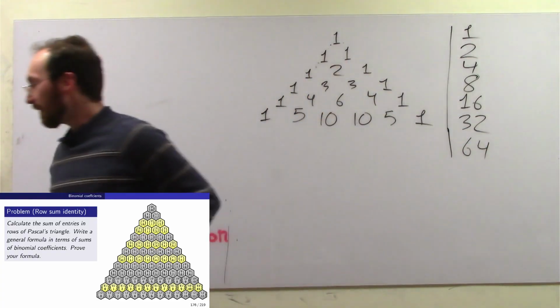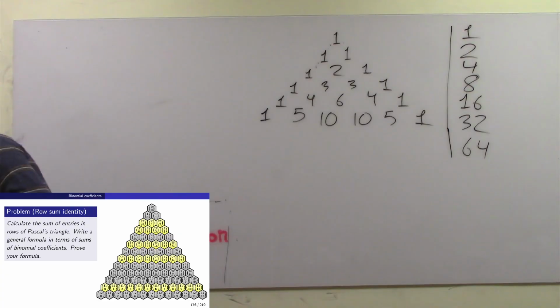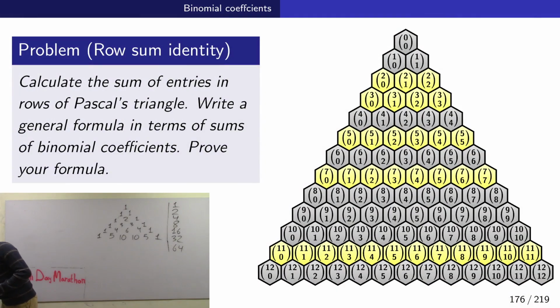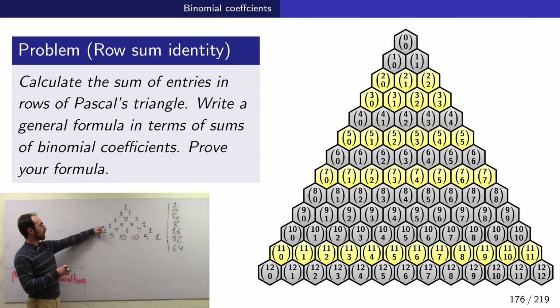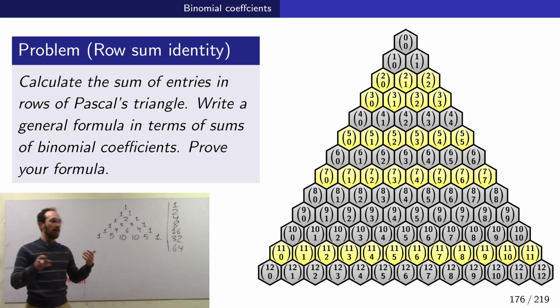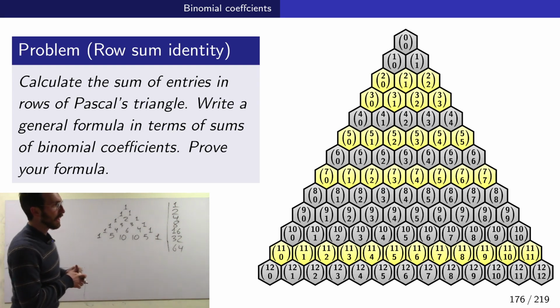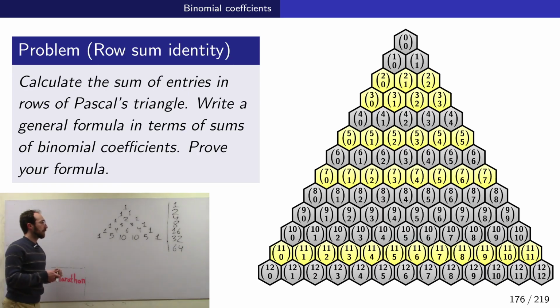Why? We've actually seen this before. We've seen this a few times. This is something we proved a few times here. What this is saying is that if you sum up the binomial coefficients of a fixed n, then you get the nth power of 2.